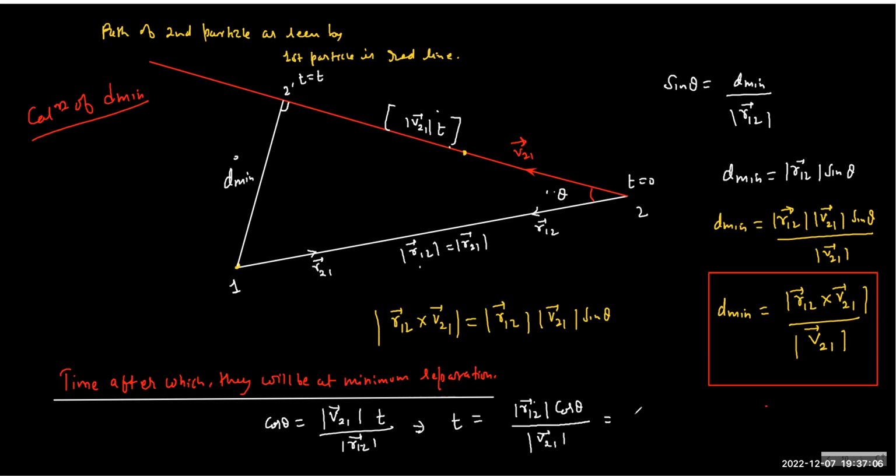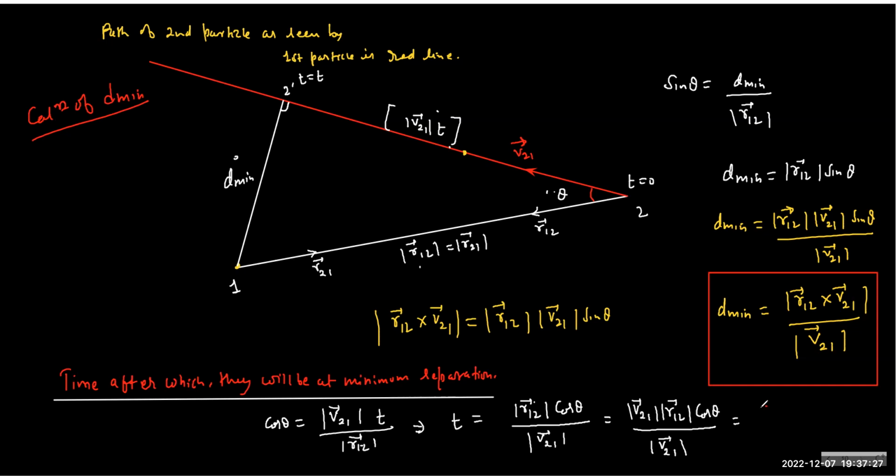Now we can rewrite this as V21, and we know that V21 into R12 into cos theta we can write as A dot B, right? This is dot product.